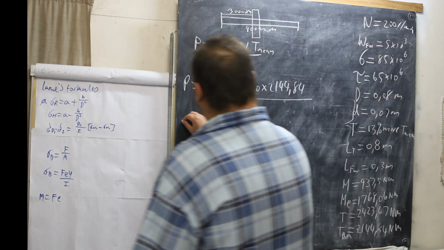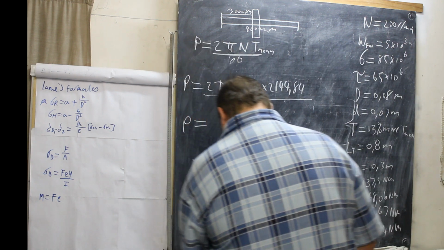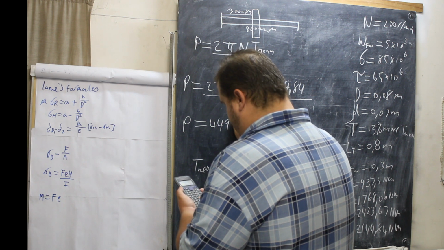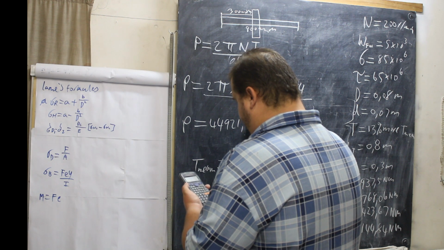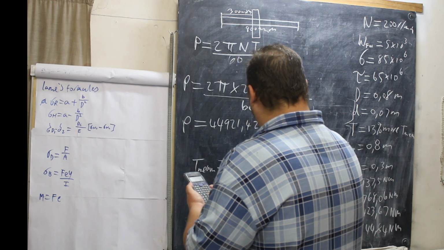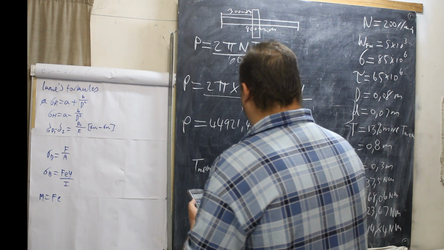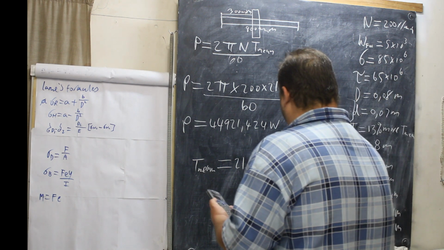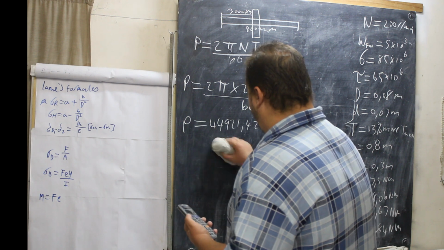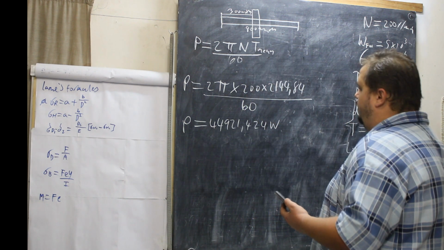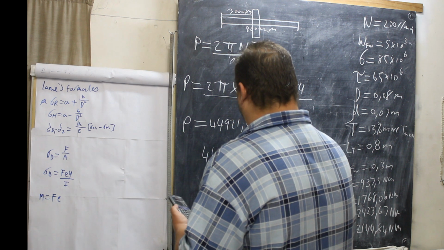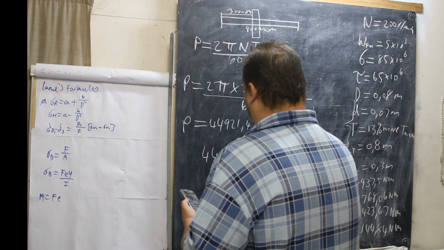So power is equal to 44921,424 watts. If we want to convert it to kilowatts, it is 44,921 kilowatts.